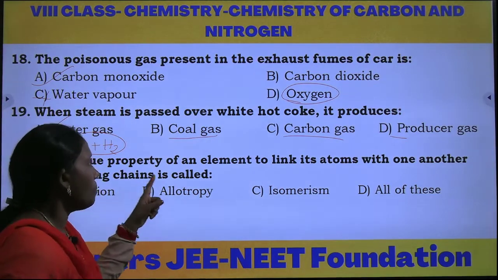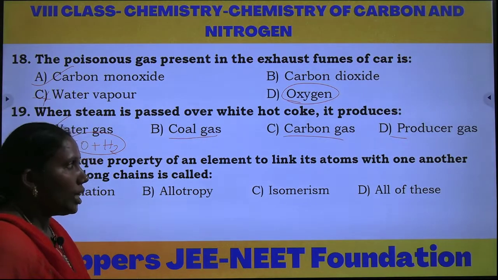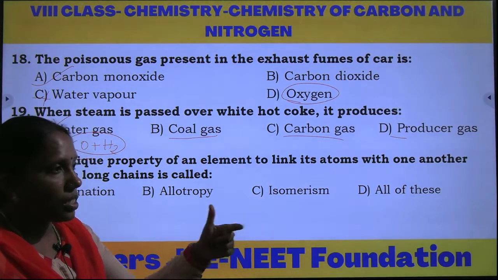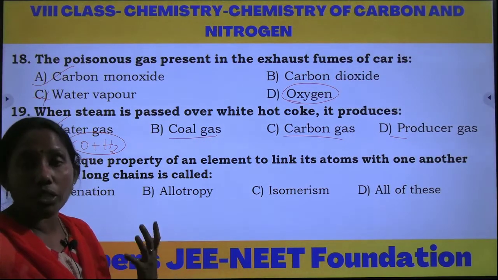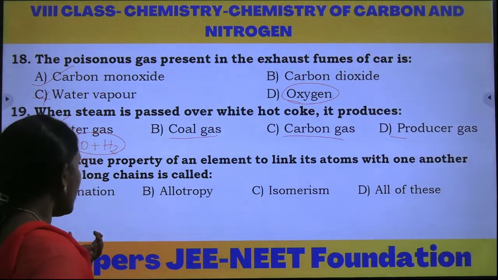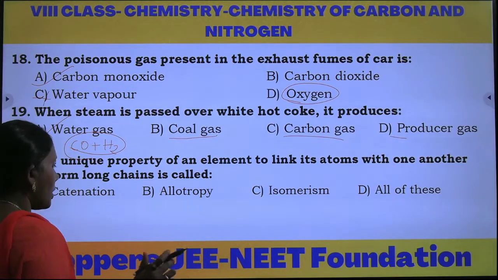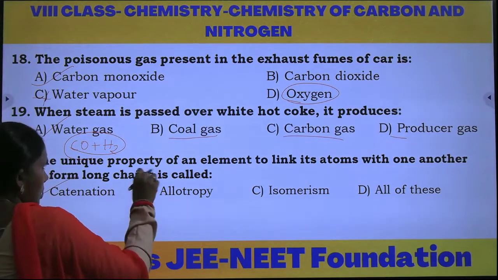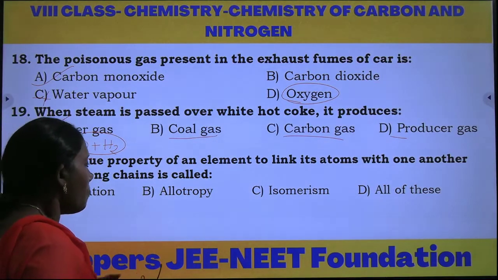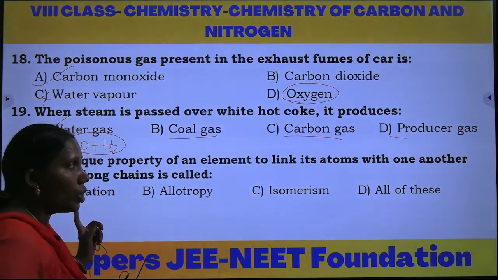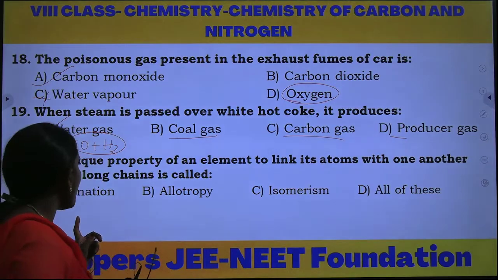Catenation is the unique property of an element to link its atoms with one another to form long chains.